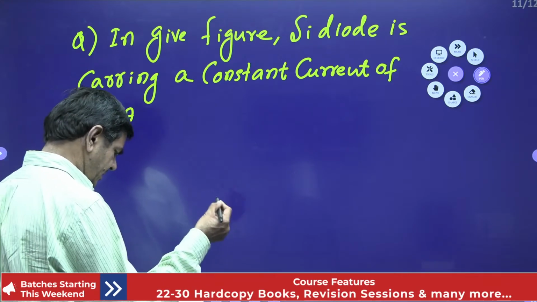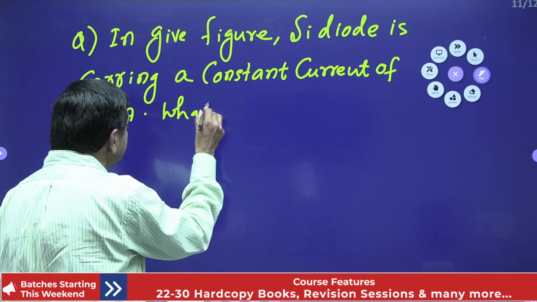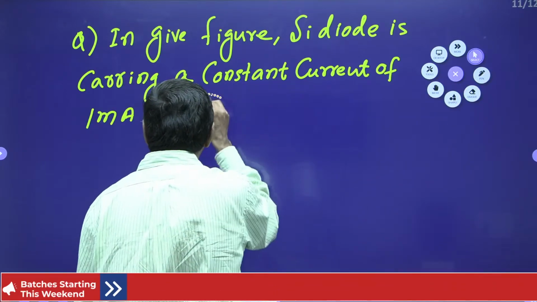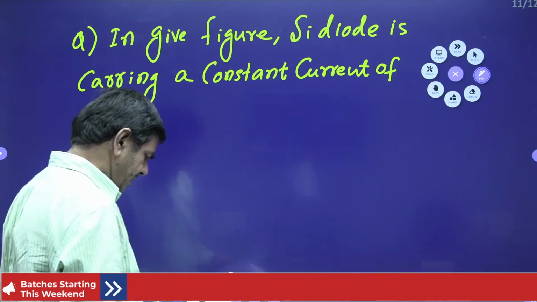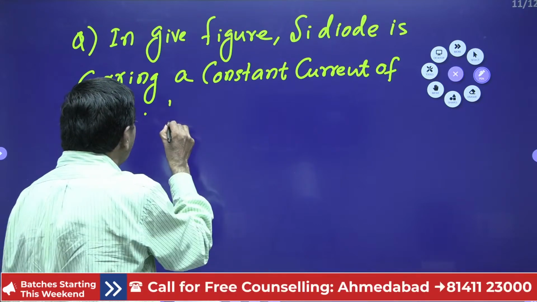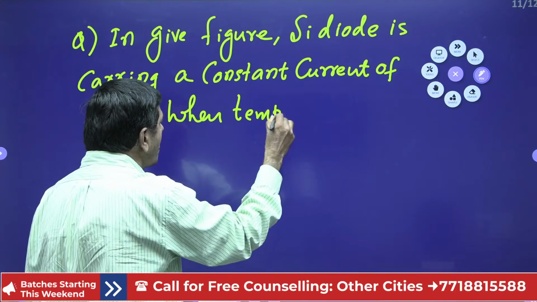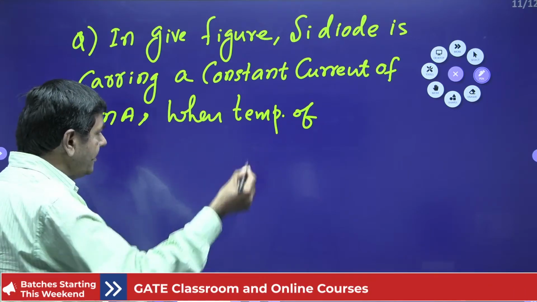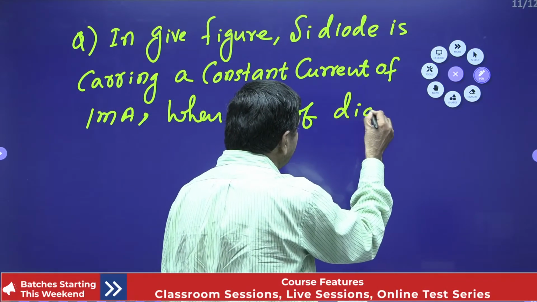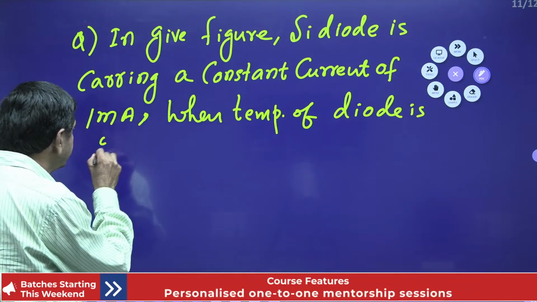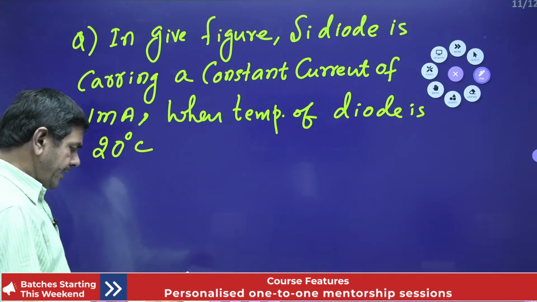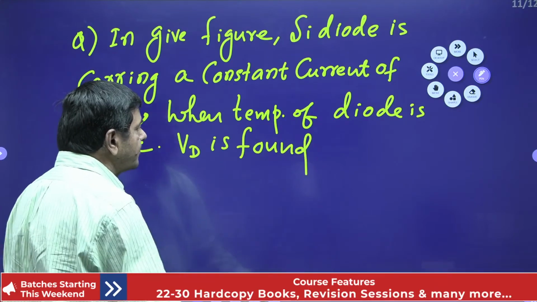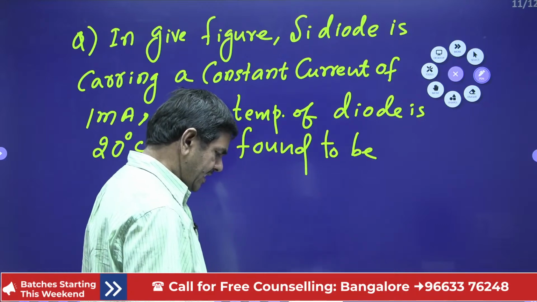When the temperature of the diode is 20 degrees centigrade, the diode voltage VD is found to be 700 millivolts.